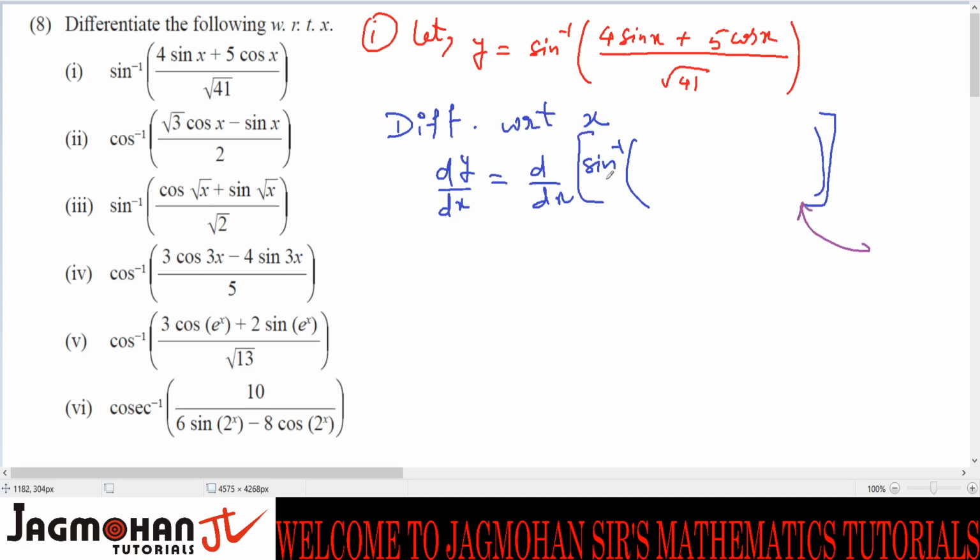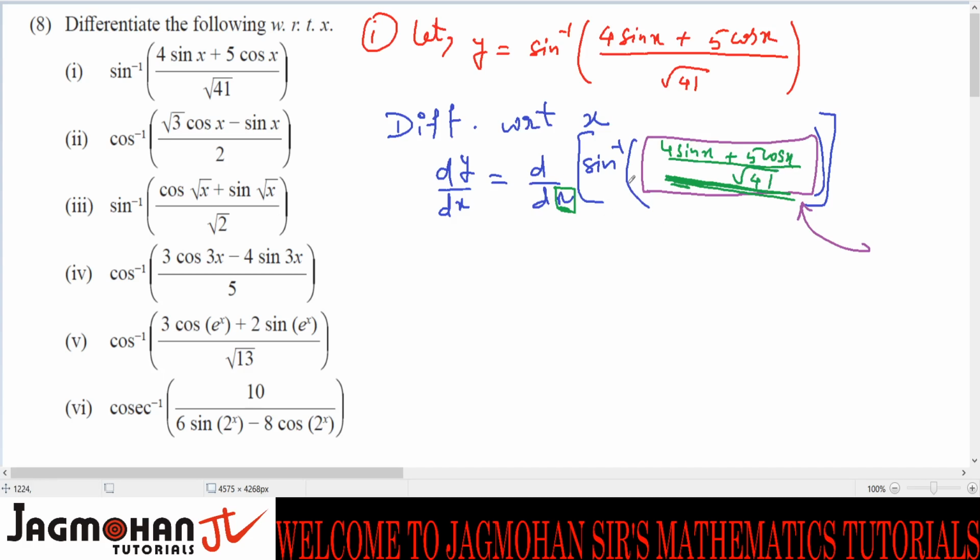What function is this? It is sine inverse of f of x. Why f of x? Because we are differentiating with respect to x, but the variable of the function is not x. This is not sine inverse x. The argument is this function, 4 sin x plus 5 cos x divided by root of 41.